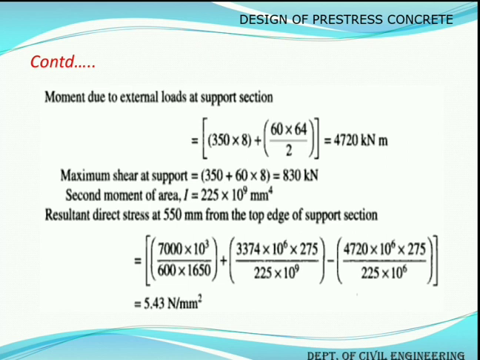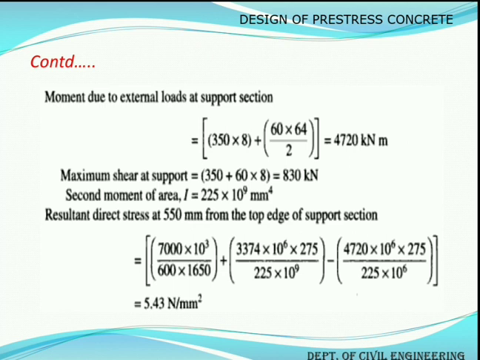Area is 600 into 1650. Then next we get moment PE, 3374 into 275 divided by I, minus the moment due to the external loads M, which is 4720 kilonewton meter into 275 divided by 225 into 10 raised to 9.